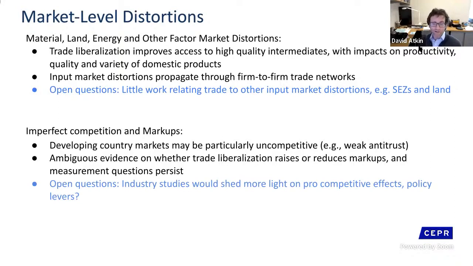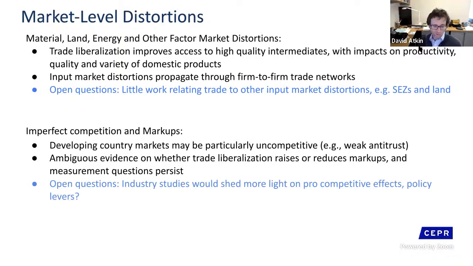Here, the evidence is somewhat ambiguous. We have found that for final goods, trade liberalization does seem to reduce markups. But meanwhile, often trade liberalization, as we've talked about above, reduces input costs by reducing barriers to those imports. And there in India, we've actually seen markups rising in response to lower import prices.